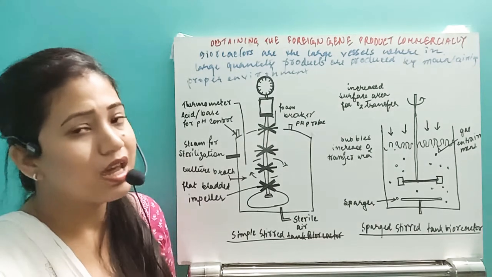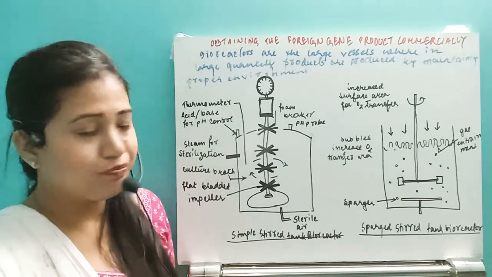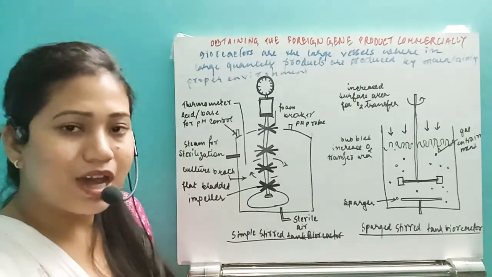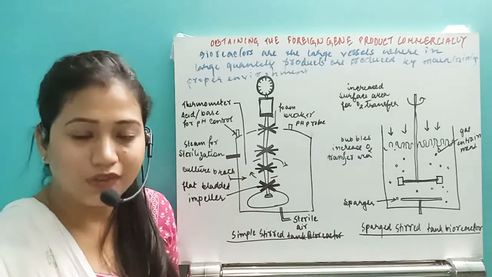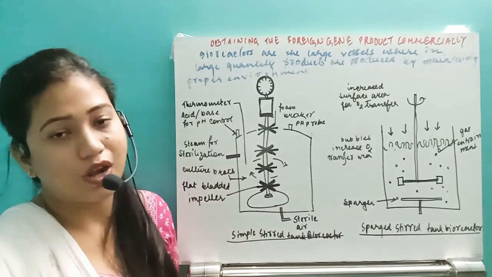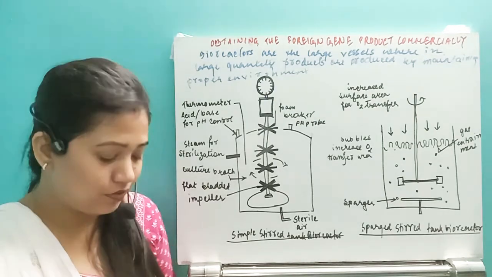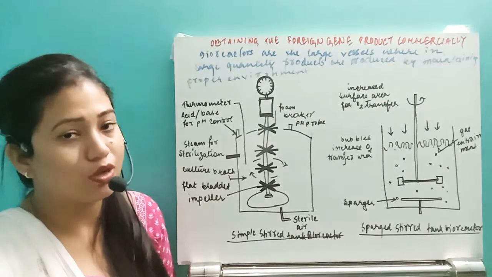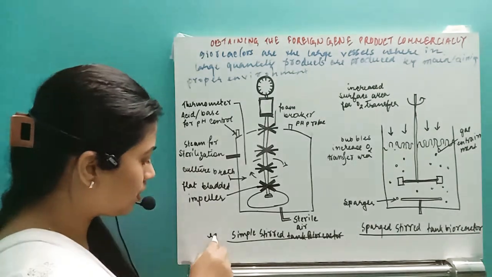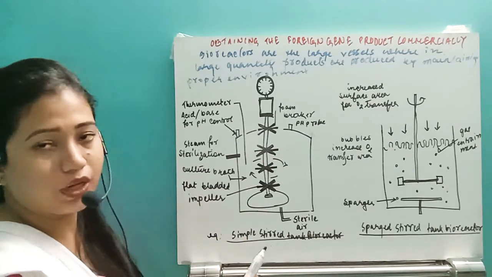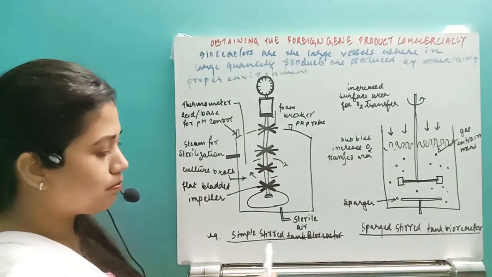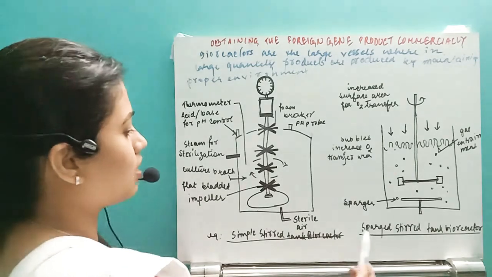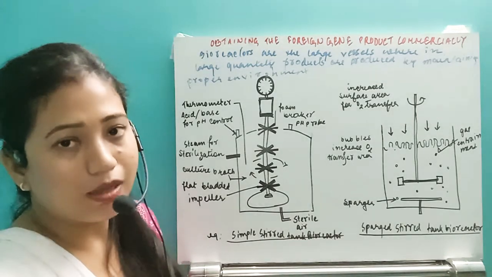In all of this, they will multiply. Then we can extract the desired amount, like 100 to thousands of kgs of products, properly. For that, we have two types of bioreactors. The first one I have drawn already here, as it will take more time. It is the simple stir tank bioreactor, and another is the sparged stir tank bioreactor.